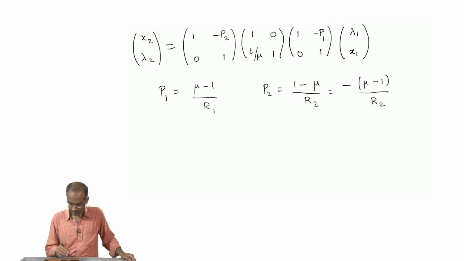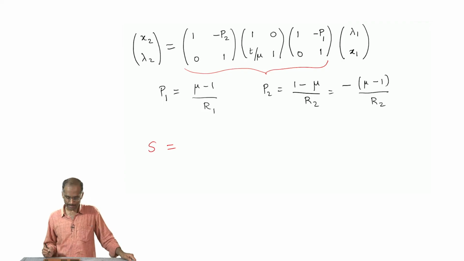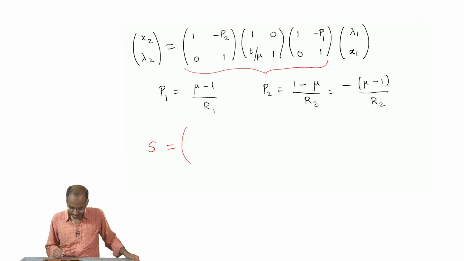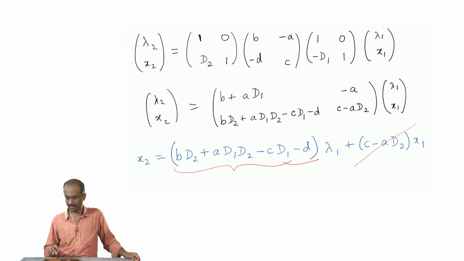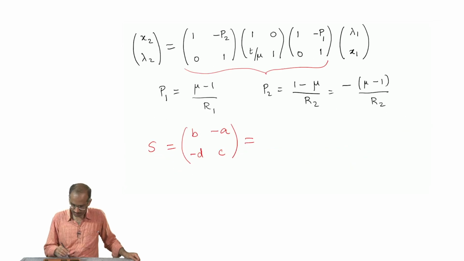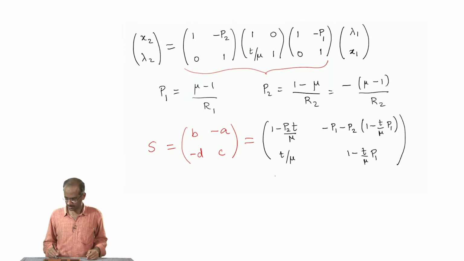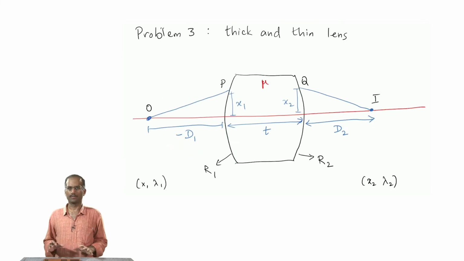Product of these three matrices, let me use the symbol S to indicate that. So, if I take that to be this general matrix with entries A, B, C and D, this will be equal to the product of three matrices. This of course comes from my own calculations for this problem.